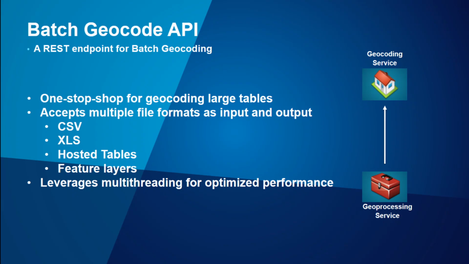And this BatchGeocode API leverages multi-threading for optimized performance. So basically you point this API at a specific geocoding service and you say, here's my table, here's the geocoding service I want you to use, and go. And this API geocodes the big table that you gave it against the geocoding service you told it to point at.